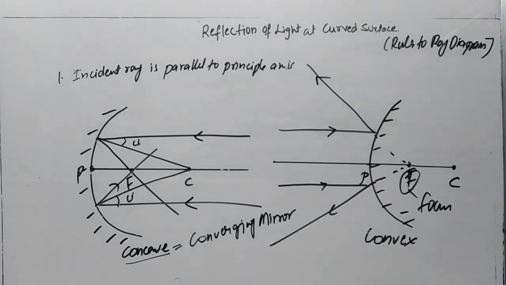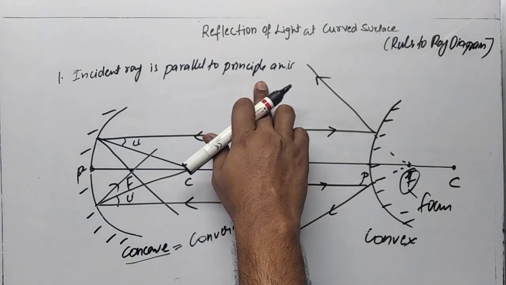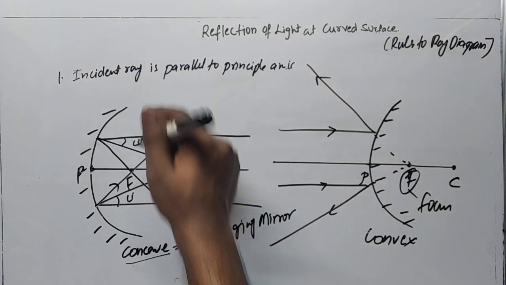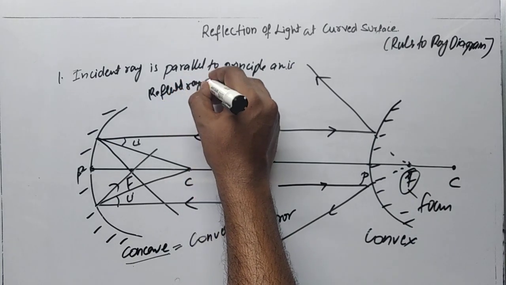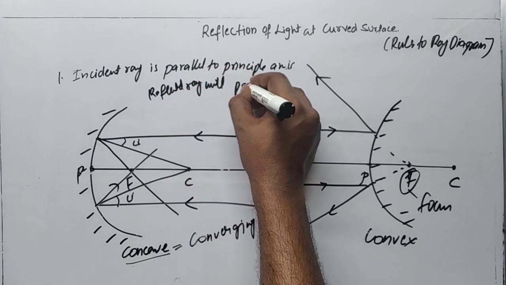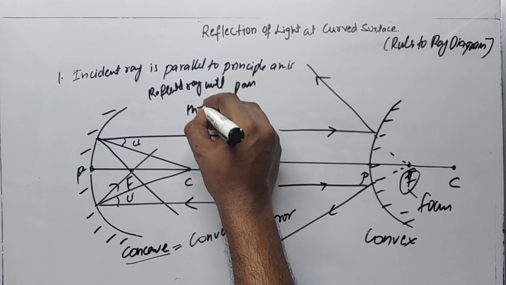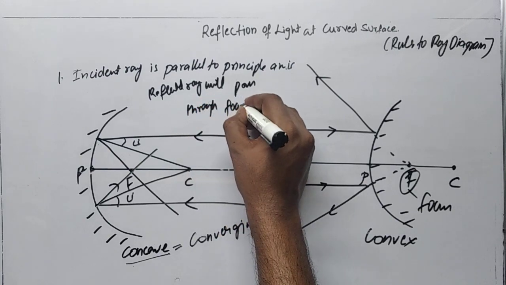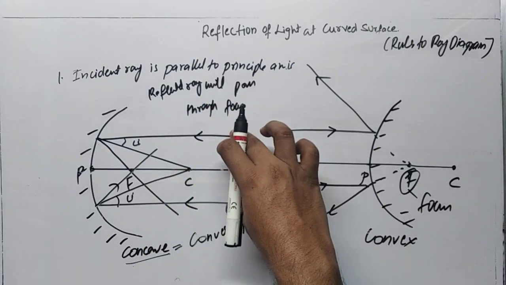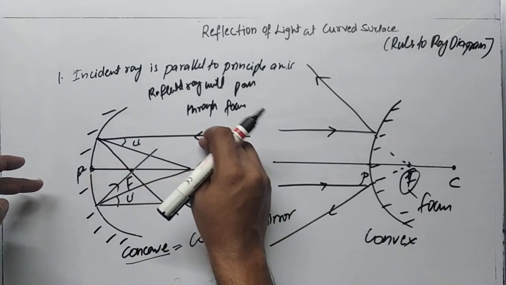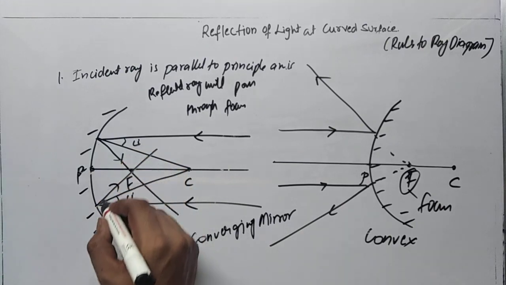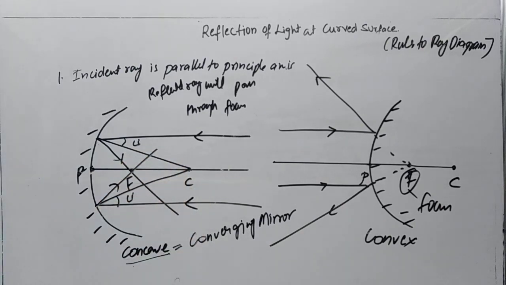Remember, the incident ray is parallel to the principal axis, so the reflected ray will pass through the focus. Whenever a ray is parallel to the principal axis, the reflected ray will pass through the focus.